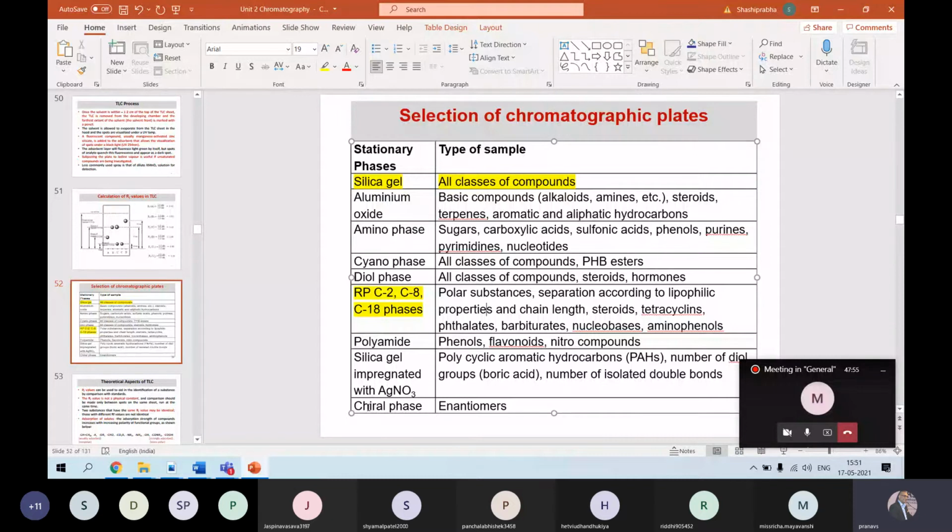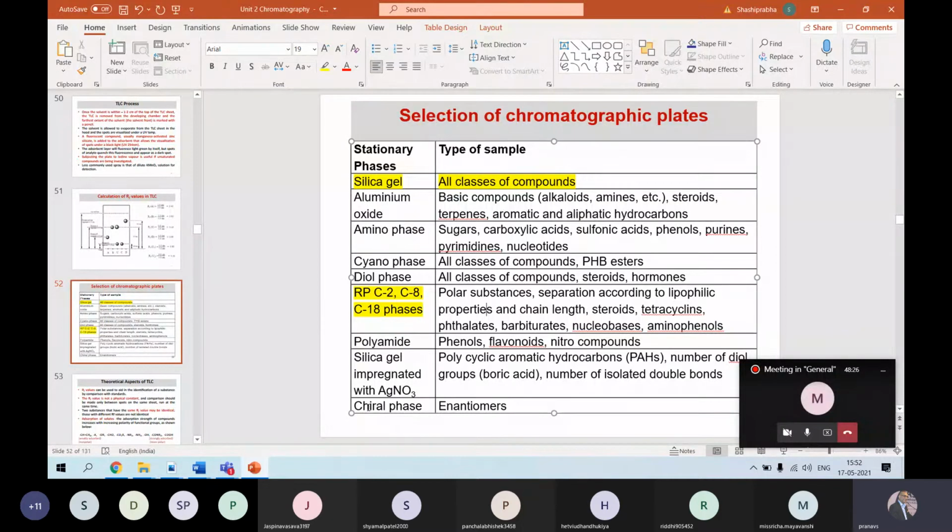They are not much in use for the simple reason that you have very good chiral stationary phases available now with known chromatographic techniques which use columns. So it is not in much use. At the same time, they are relatively expensive. Silica gel TLC plates are relatively inexpensive.